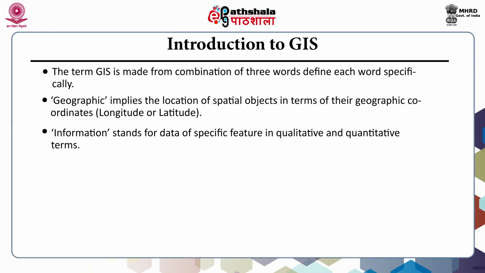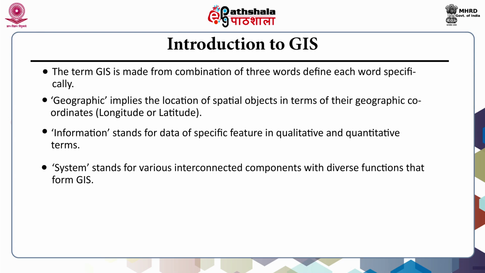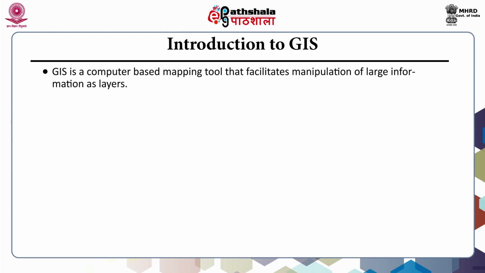The information stands for data of specific features in qualitative as well as quantitative terms. The third one is the term system, which stands for various interconnected components with diverse functions that form GIS. So, GIS is a computer based mapping tool that facilitates manipulation of large information in the form of layers.